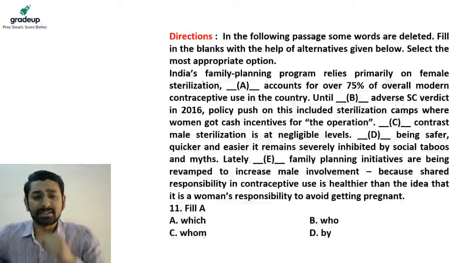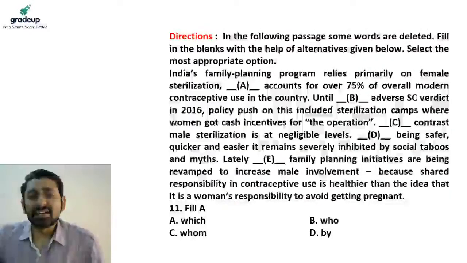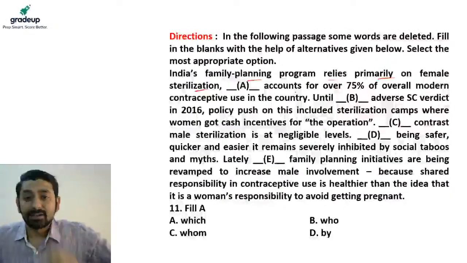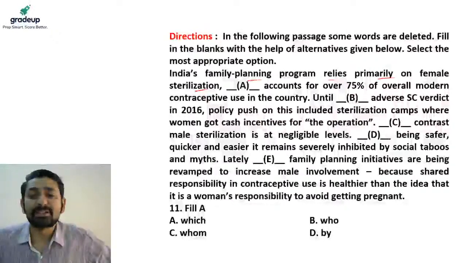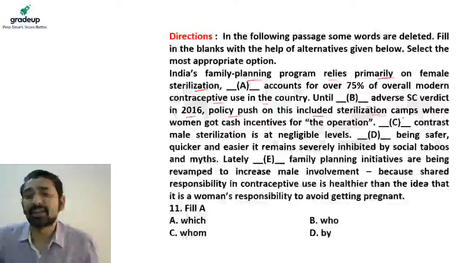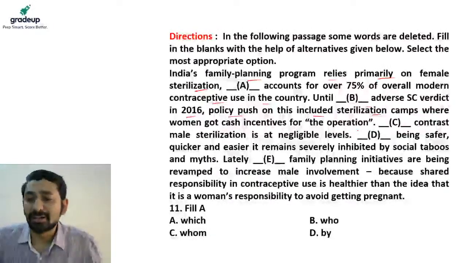Let's move on. It says, India's family planning program relies primarily on female sterilization. Dash accounts for over 75% of overall modern contraceptive use in the country. Until dash adverse Supreme Court verdict in 2016, policy push on this included sterilization camps where women got cash incentives for the operation.